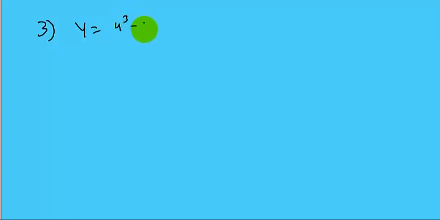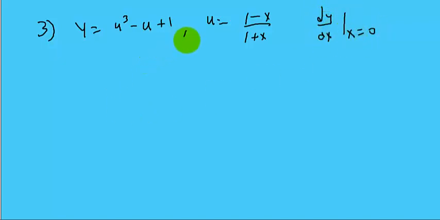y is equal to u to the third minus u plus 1, where u is equal to (1 minus x) over (1 plus x). We're finding dy/dx at x equals 0. What you would do is take this and substitute that in.